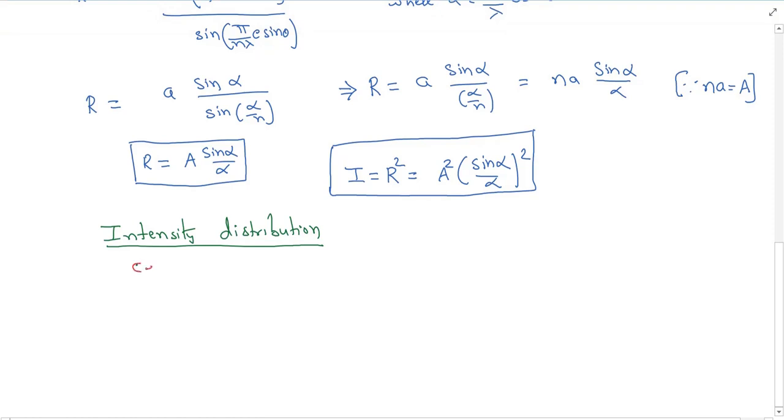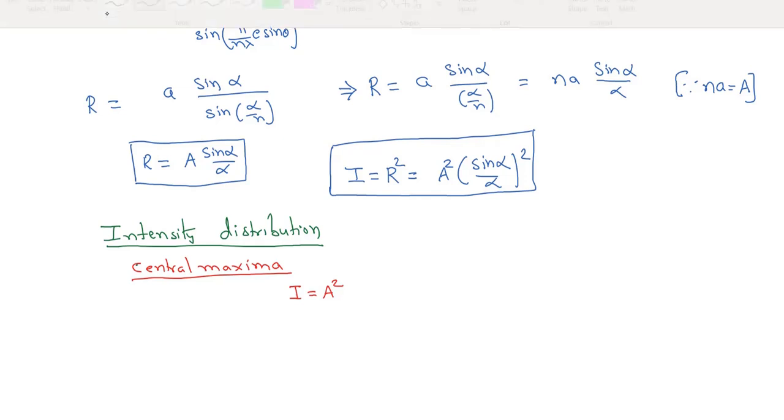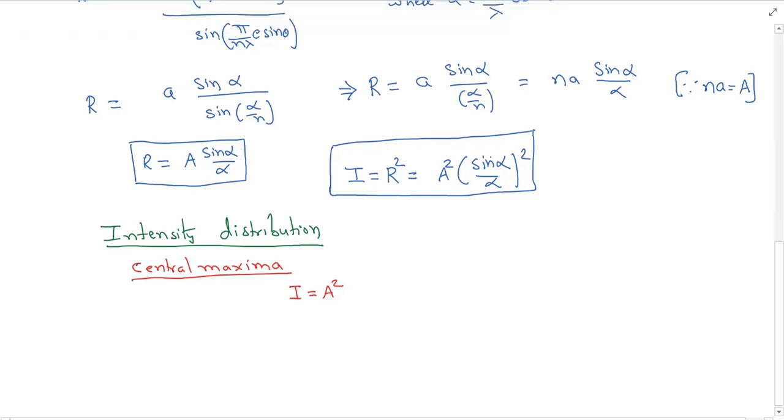So the condition for central maxima or principal maxima or primary maxima. I should become equivalent to A square, that is what we are looking for, and that is possible only when this sin alpha by alpha is equal to 1.